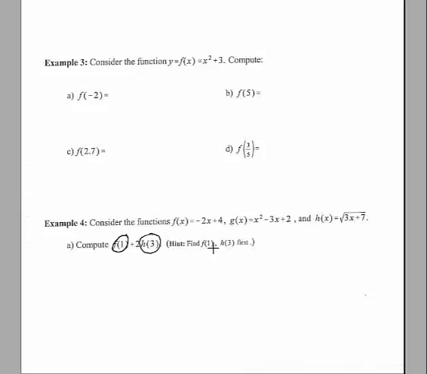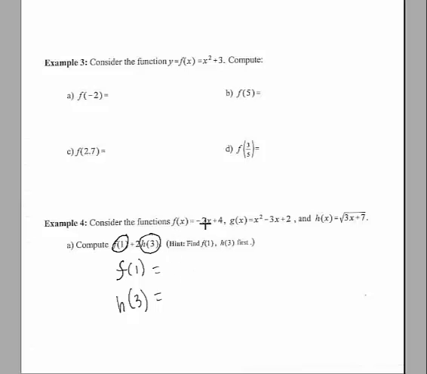And it gives us a hint. We want to calculate these separately. So we'll calculate f of 1, we'll put it back in the expression. We'll calculate h of 3, and we'll put it back in the expression and multiply it by 2.